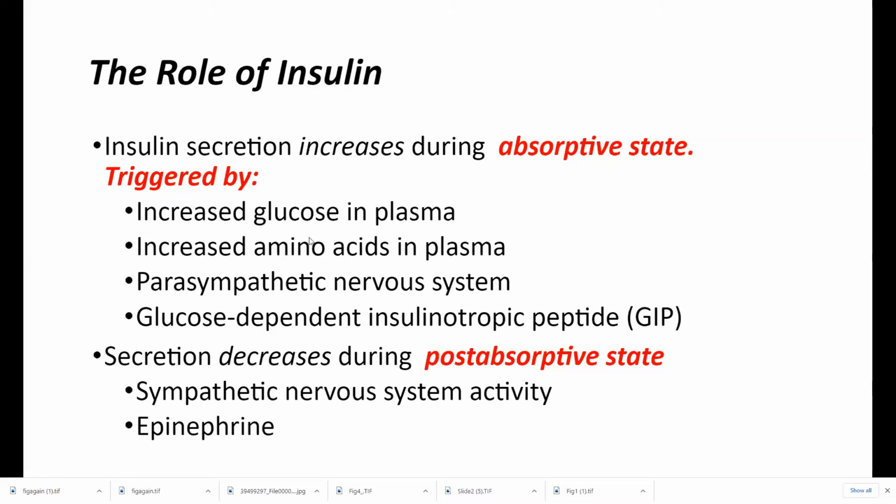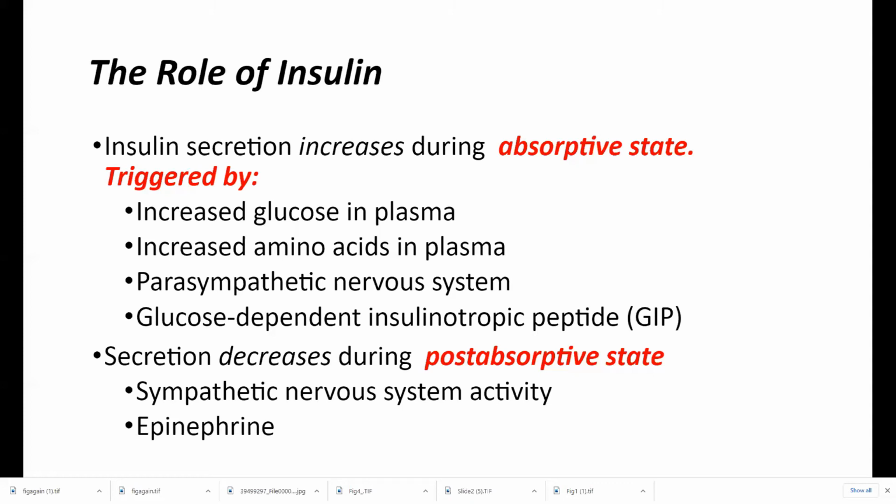Same thing with amino acids, basically. Amino acids mean we're potentially eating a protein-heavy meal. If we see increased amino acids in the plasma, we still want to pull those into our cells and build stuff up. We'll also see that the parasympathetic nervous system is associated with insulin secretion. We said the parasympathetic nervous system is the branch of our autonomic nervous system that's the rest and digest part.